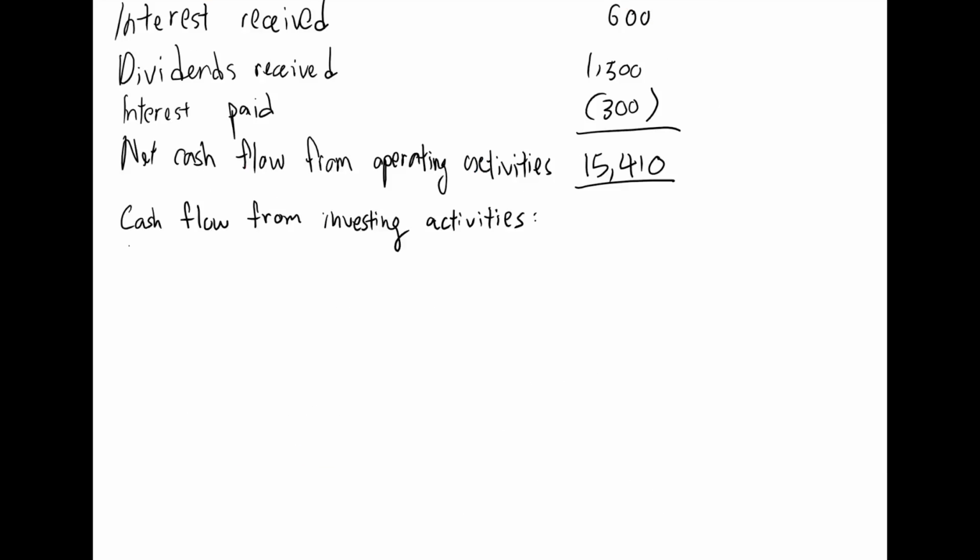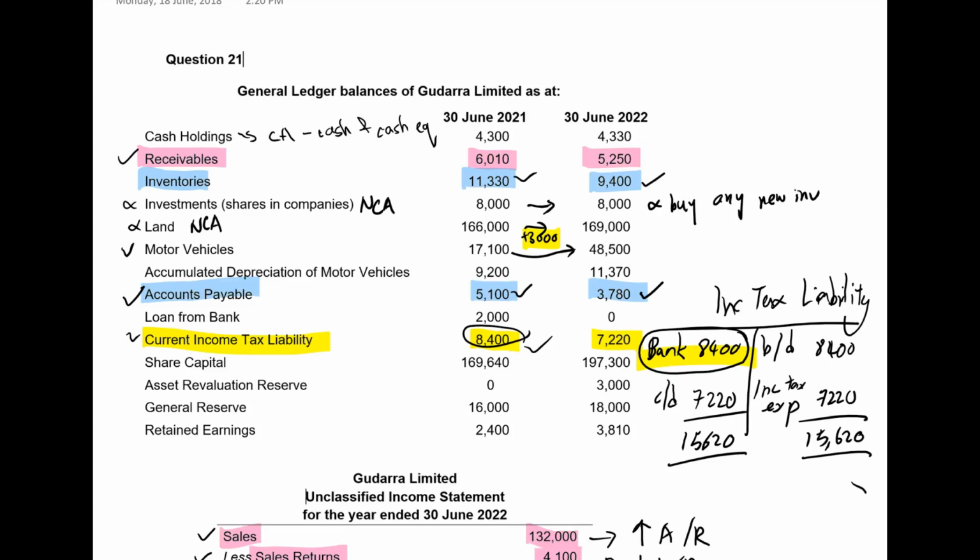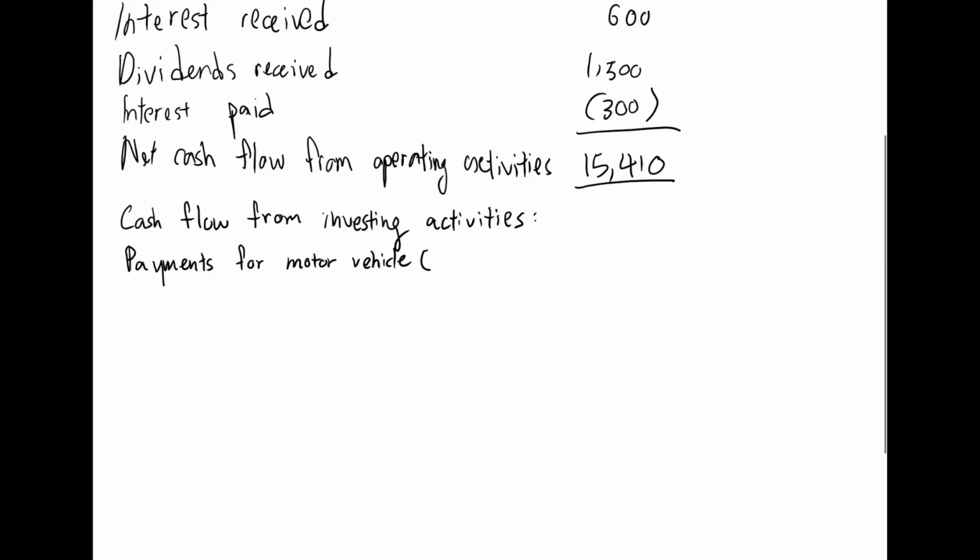You have bought new motor vehicles, so you will have payments for motor vehicles, which is, your motor vehicles went from 17,100 to 48,500, which means that you have bought 48,500 minus 17,100 worth of motor vehicles.